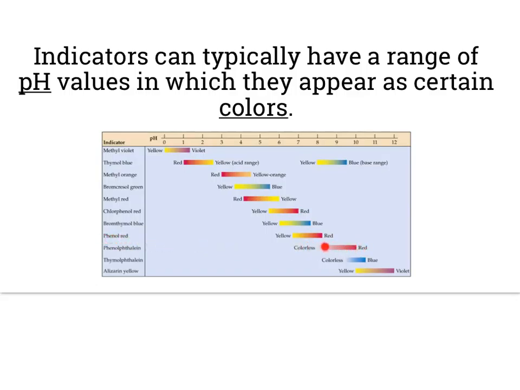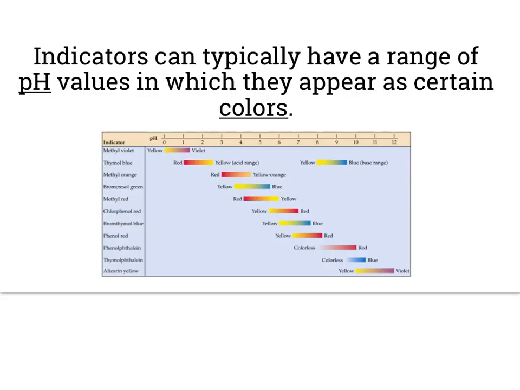Phenolphthalein basically says that up to a pH of about 8, we're going to be pretty much clear or colorless. However, once you start getting a pH above 8, it starts turning red, actually kind of pink. So if you put a few drops of phenolphthalein in a solution and it's clear, you're probably going to assume it's either neutral or an acid. But if it's pink, you're probably going to assume it's a base.